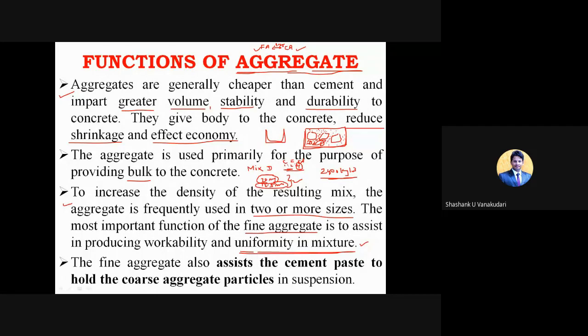If you have used only coarse aggregate and cement, the cement paste will stand at one place and the coarse aggregate will stand at another place, right? So it will not be considered uniform in nature. Once you add the fine aggregate, together it forms uniformity in its structure and gives the equal percentage of the ingredients in proper sections.